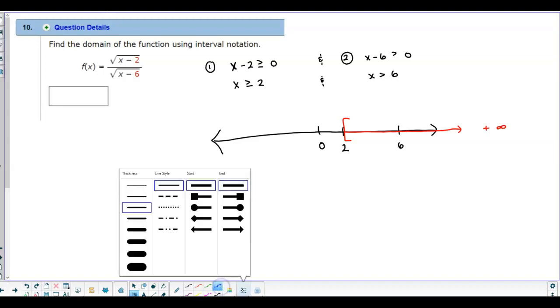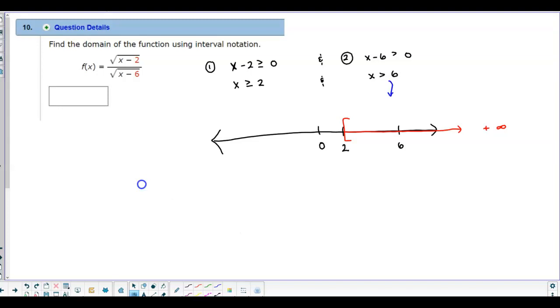However, when we look at x is greater than 6, that means it has to be greater than 6, so we have a parenthesis going in this direction. So if x is greater than 6, I can't include any of these numbers below 6. So therefore, the answer is parentheses 6 to infinity.